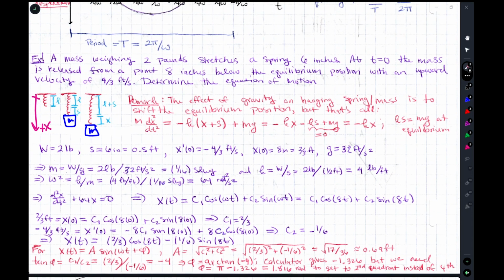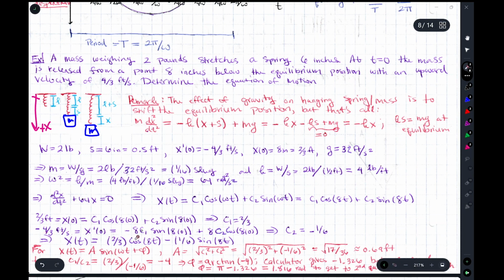And now we apply our initial conditions. When we do that, we get C1 needs to be 2/3, and we take the derivative of this x. When we take the derivative, we have a velocity. It's not shown here because I just plug in 0 right away, but we could take the derivative of this, and you'll get C1 omega negative sine omega t and C2 omega cosine omega t for the velocity.